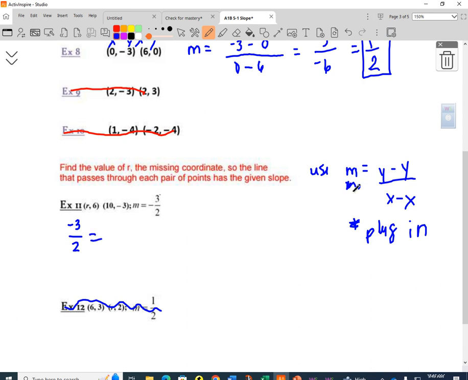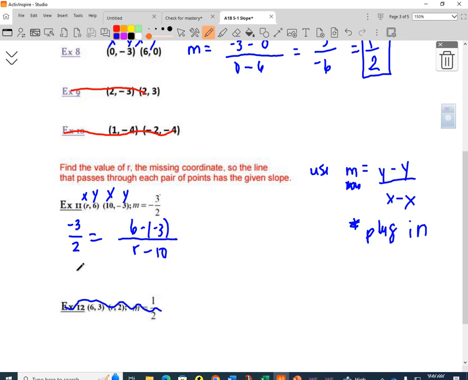And that's equal, so that's in this spot. Now, y minus y: we're going to do 6 minus negative 3. And now this is an x, and this is an x, so that's going to be r minus 10.